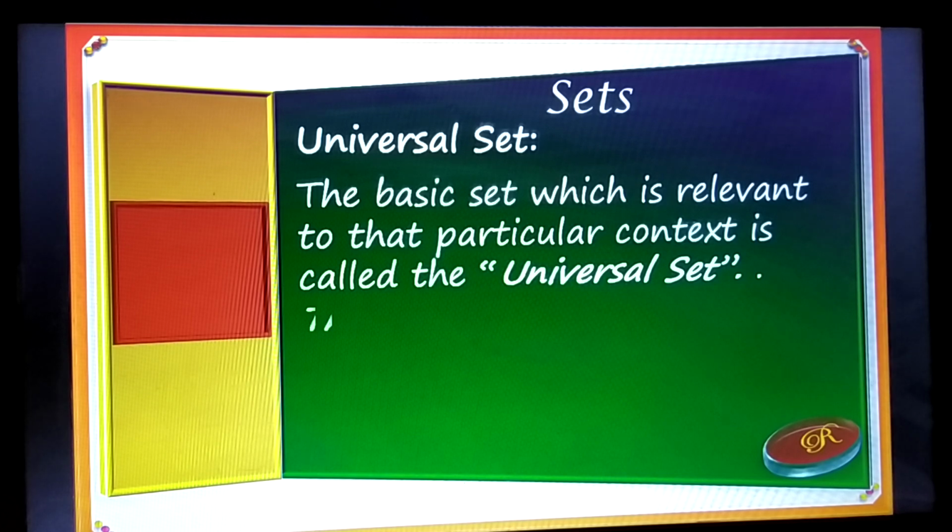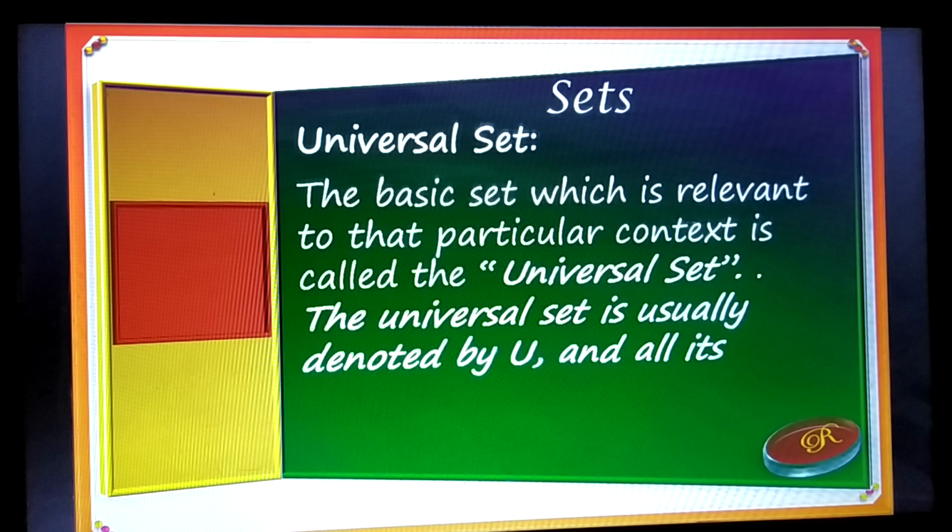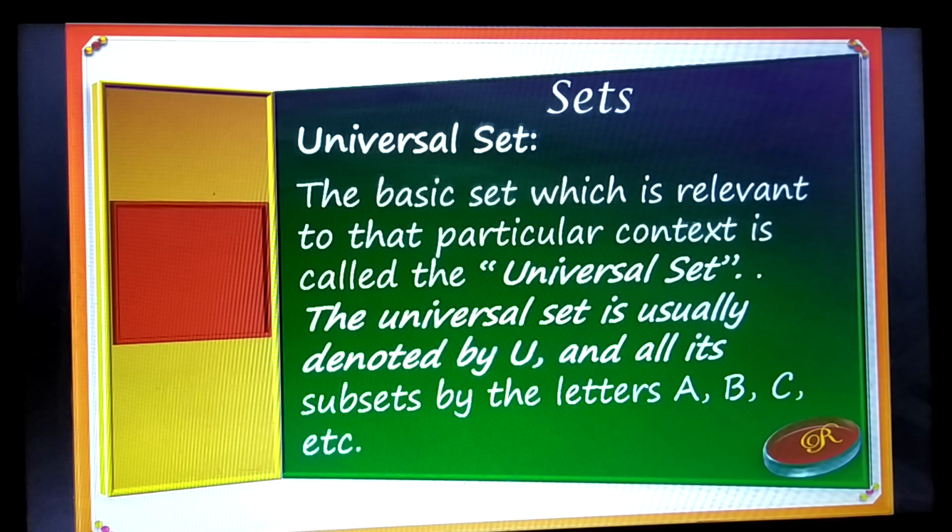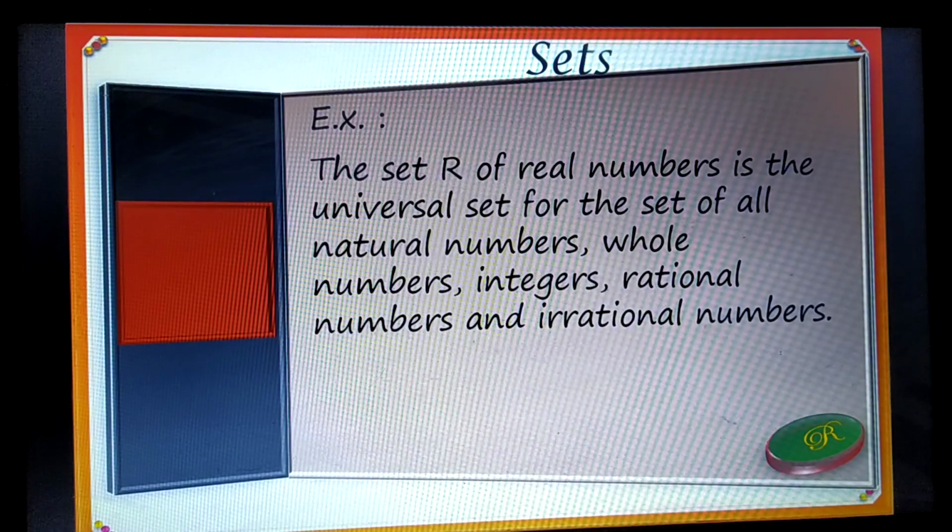The universal set is usually denoted by U and all its subsets by the letters A, B, C, etc. For example, the set R of real numbers is the universal set for the set of all natural numbers, whole numbers, integers, rational numbers and irrational numbers.